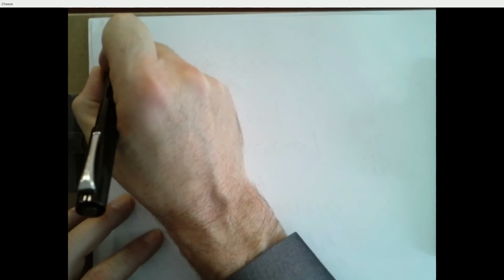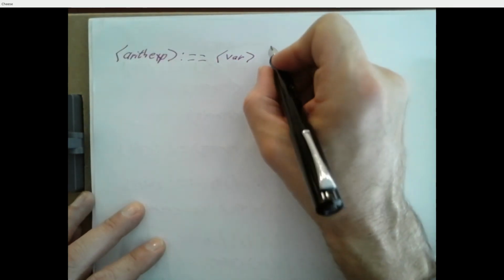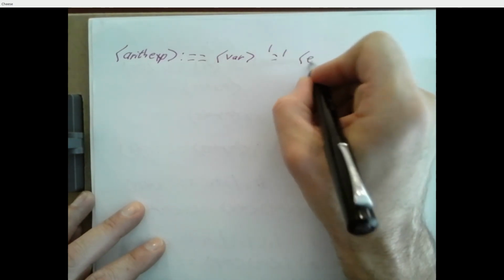So let me give you one more BNF, which is for an arithmetic expression. So this is going to be like, I equals I plus 1, or y equals parentheses 2 times x plus 5, close paren, times j. Right? So an arithmetic expression is a variable followed by an equal sign followed by an expression.